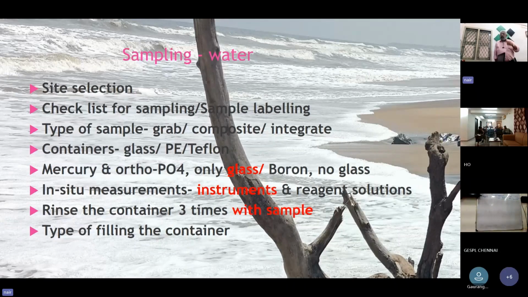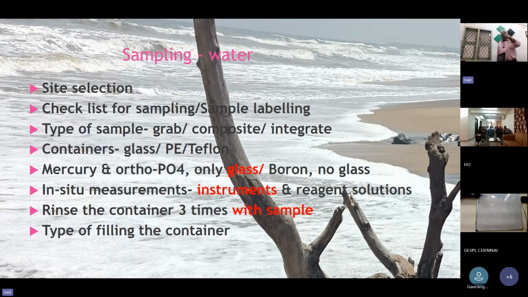Then another one, type of containers. You cannot collect all these samples in plastic cans. Samples for certain parameter analysis can be collected in glass bottles only. Some cannot be collected in glass. Some may require polyethylene or Teflon.